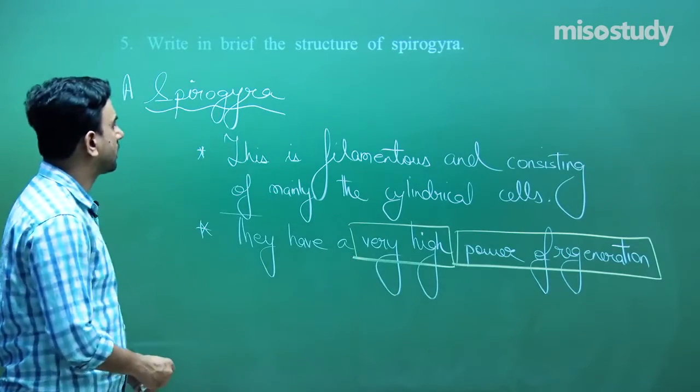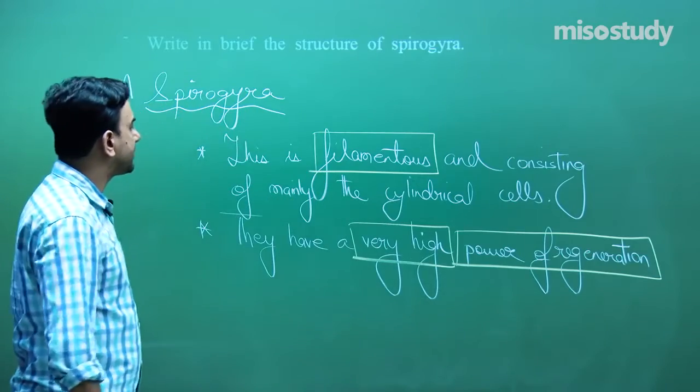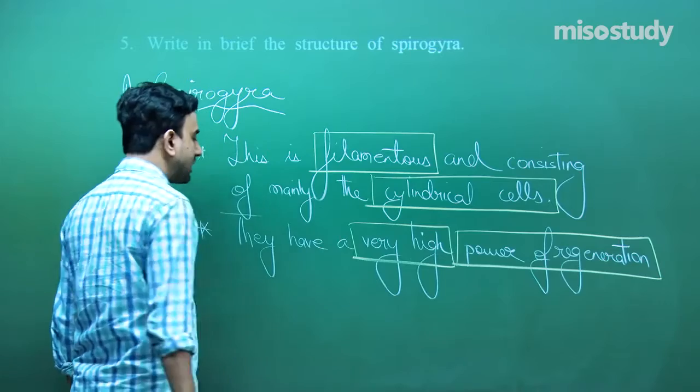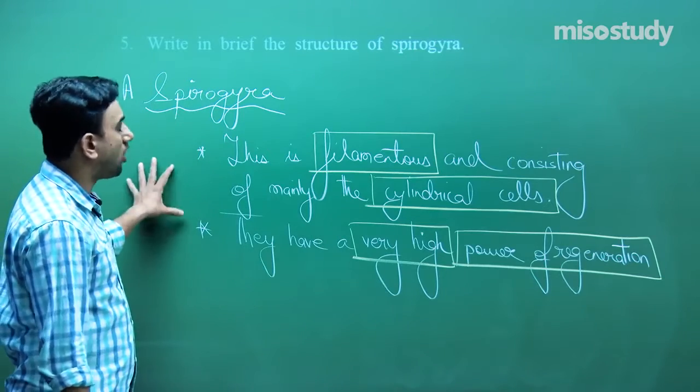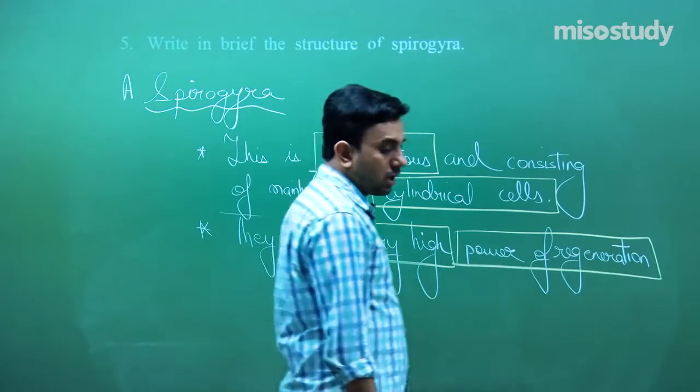So, this is filamentous, consisting of mainly cylindrical cells, and they have a very high power of regeneration. That is Spirogyra.